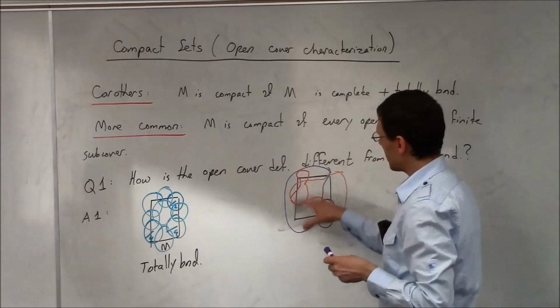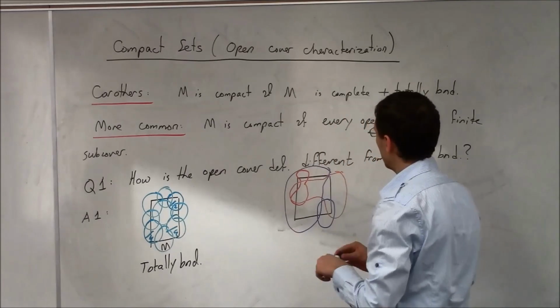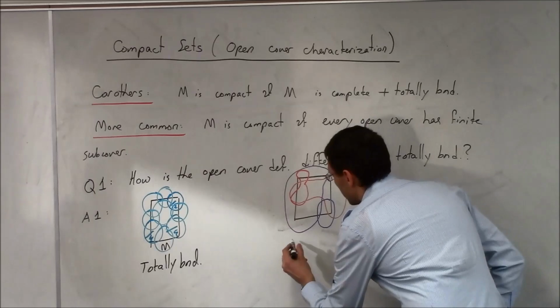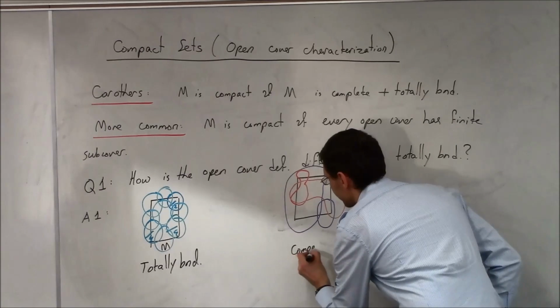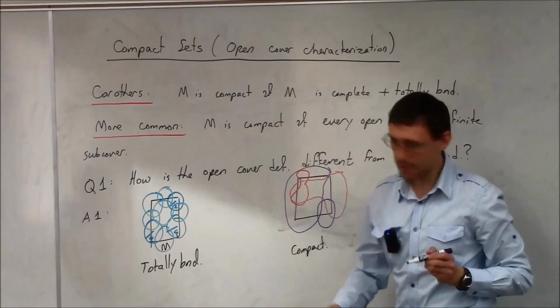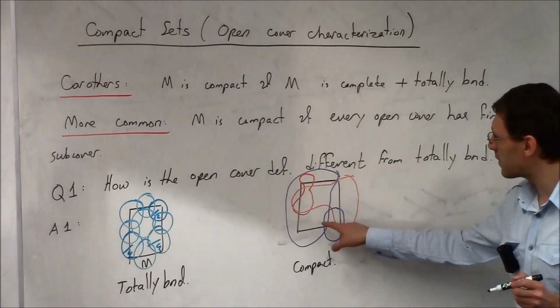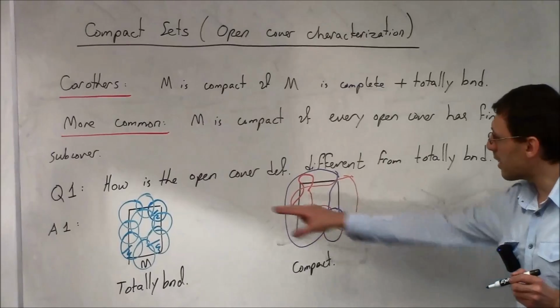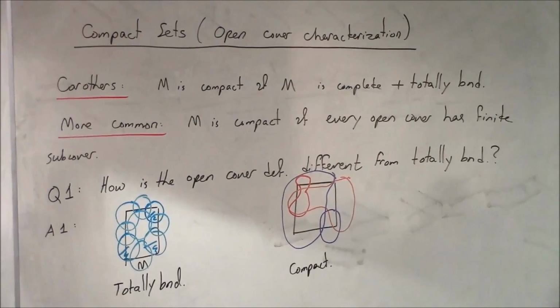So the box of napkins can contain quite different shapes of open sets. So that's the difference. In particular, compact is of course much more general. You can cover the set M obviously by napkins of this shape, because you can cover it by napkins of all possible shapes. Correct?